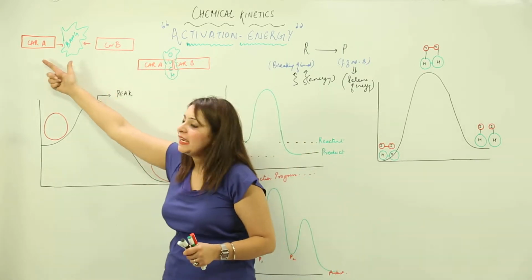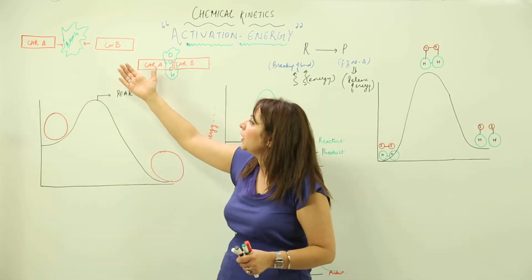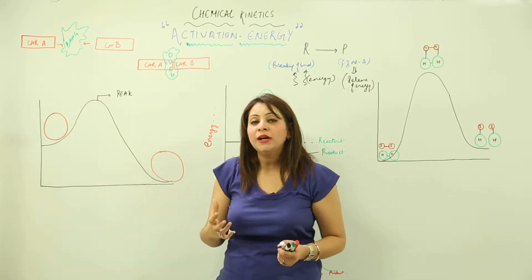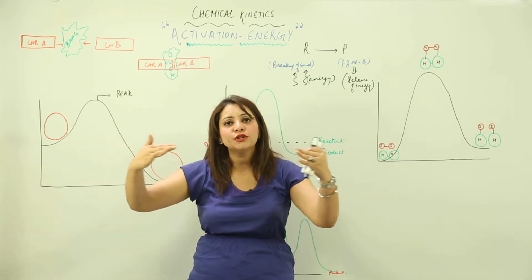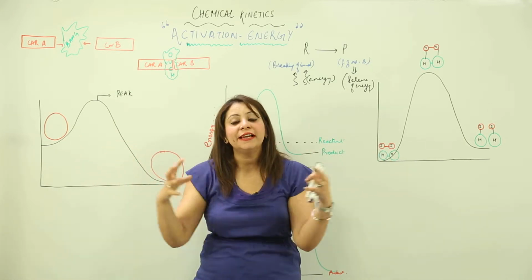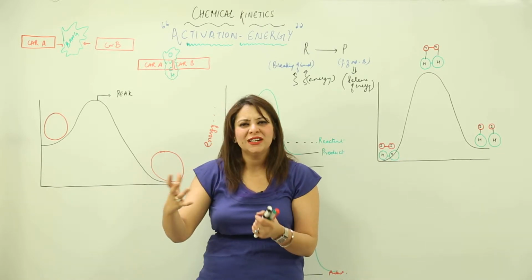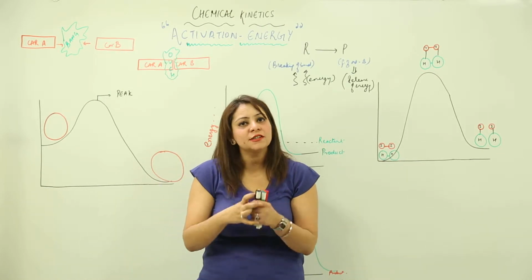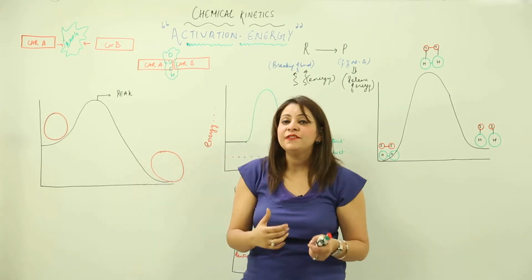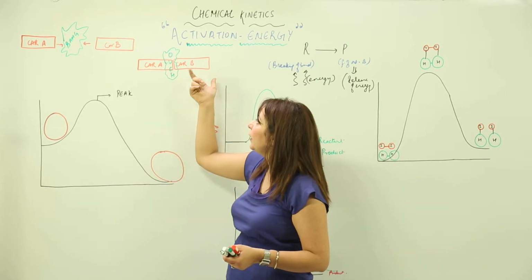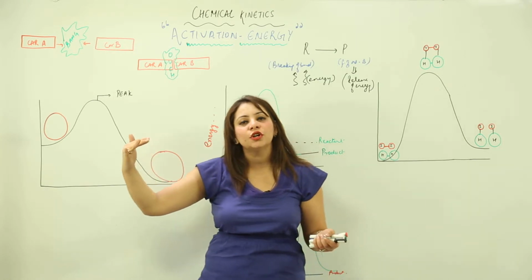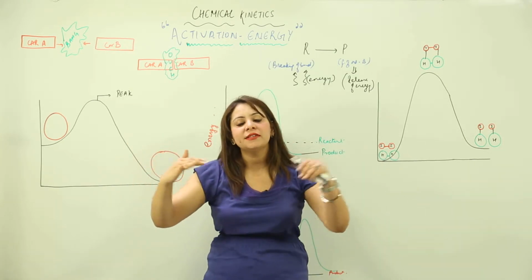Suppose car A is coming with great speed and car B is also coming with great speed. What happens when they come closer to each other? They get crashed, they bang into each other, and the bonnets or parts just break. But suppose car A is at a lower speed and car B is also traveling at a lower speed.